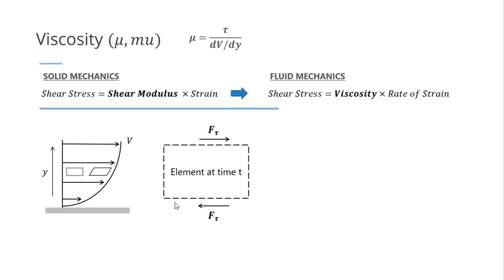So let's take the rectangular element at time t with shear force F and shear stress tau. Let the bottom surface have velocity v and the top surface have v plus delta v, since it should be faster than the bottom, with distance between them equal to delta y.